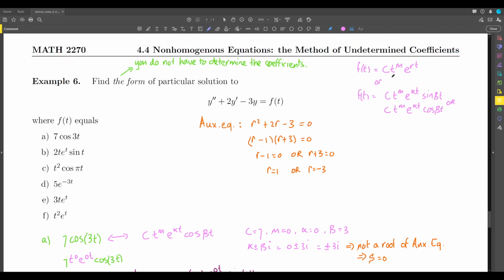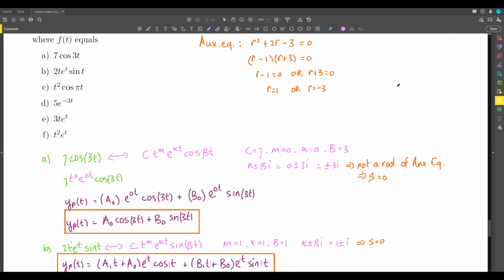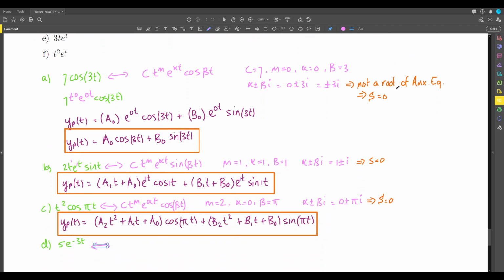It's up here, ct to the power m e to the power rt, because there's no sine or cosine.